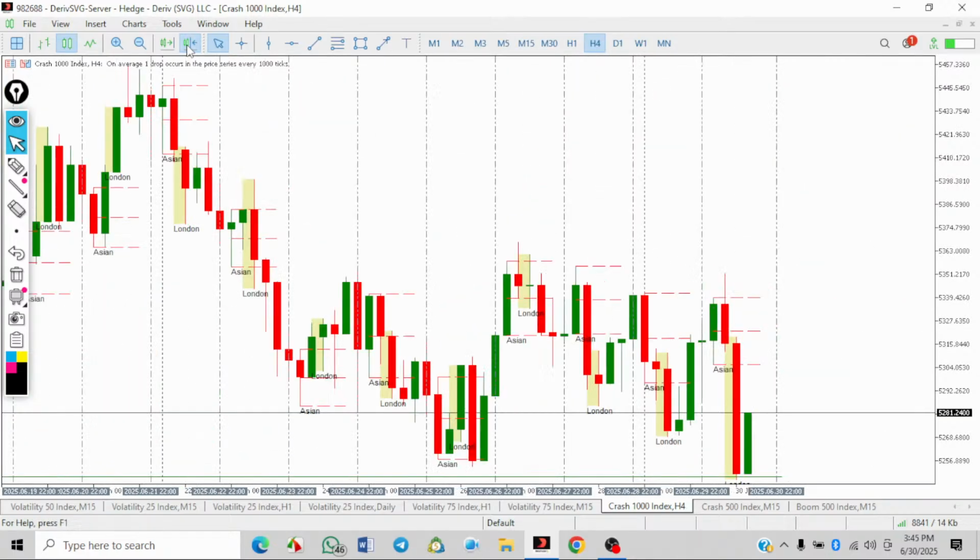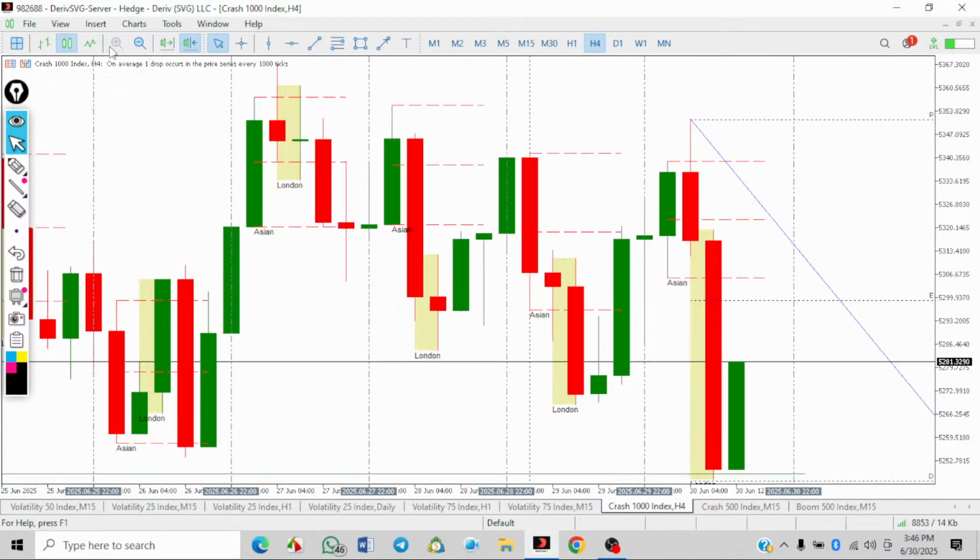So at least now we can just measure this range here and look at the 50% of that range. That means if you are going to have a spike, a continuation of this sell now on Crash 1000, then they must get to this area. At this 50% of this range, you have this fair value and the Asian low.